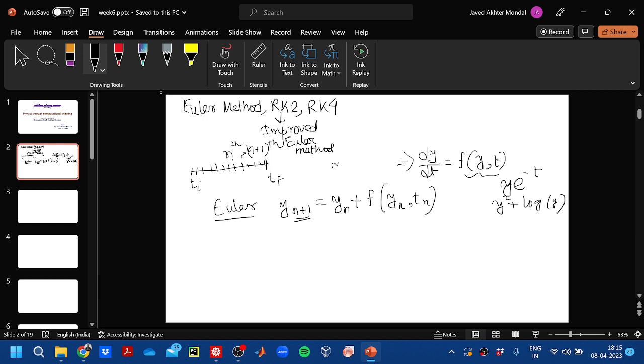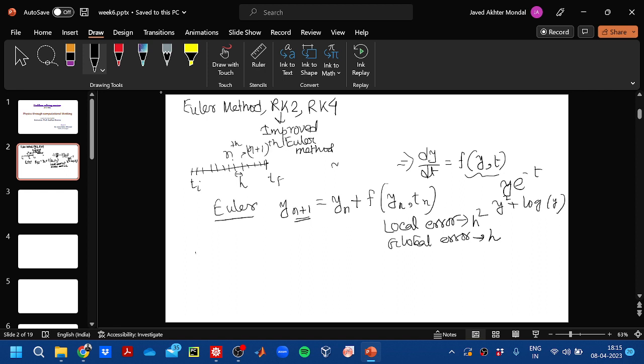If the difference between two time points is h, then the local error is of the order of h squared, and the global error is of the order of h.